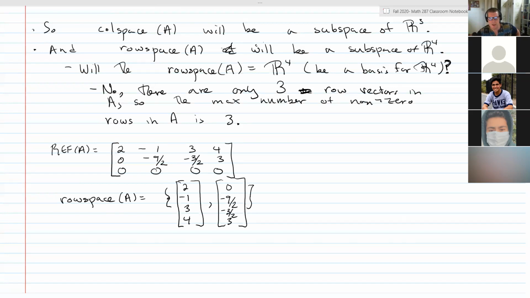Notice that we've got those two. Those are the 2 non-zero row vectors of REF of A.